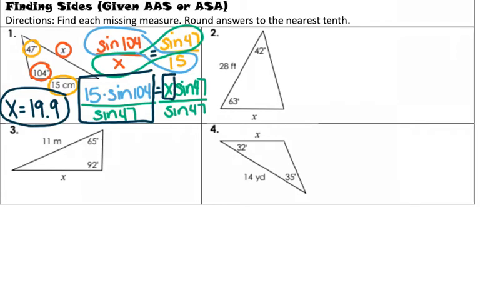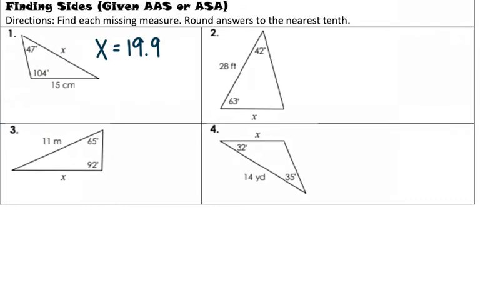I'm going to erase this just because it looks a little complicated. Look at the next one. We have an angle and a side across from it. Oh, my pen just died. Okay, try this again. There we go.